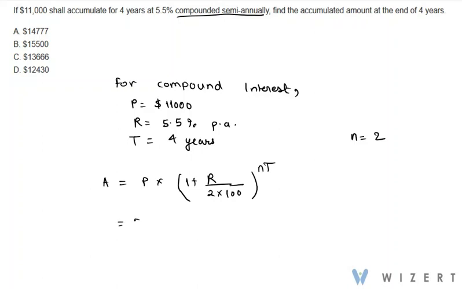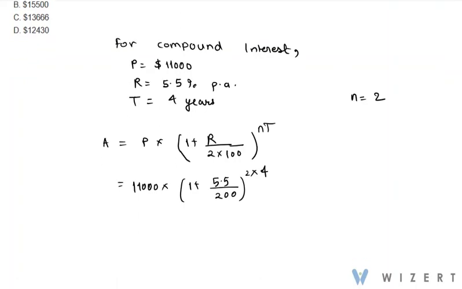So let's put the given values here. 11,000 multiplied by 1 plus 5.5 divided by 200 to the power 2 into 4, that is equal to 8. So let's calculate this further.